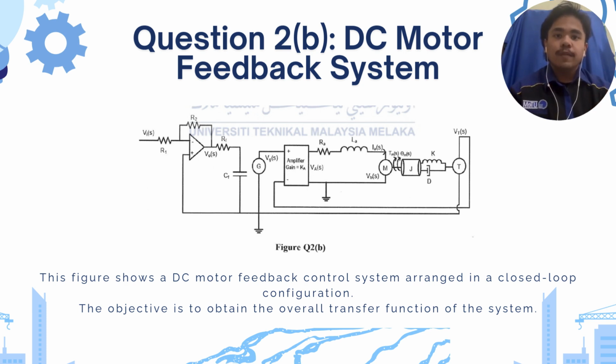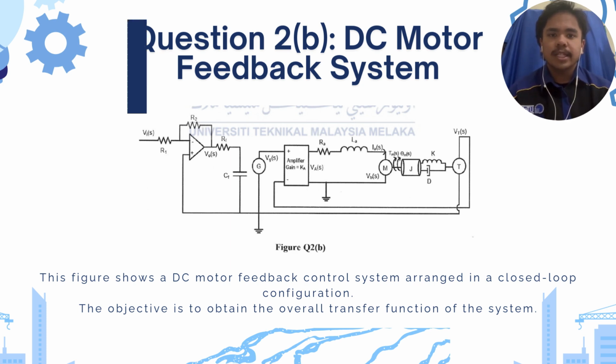The objective of this question is to derive overall transfer function of system based on the given parameters. This type of question is commonly asked in control system examination and usually carries higher mark because it tests student understanding of control system and block diagram analysis.